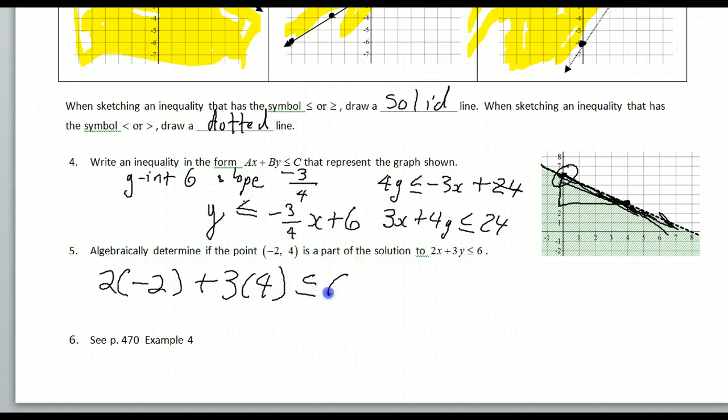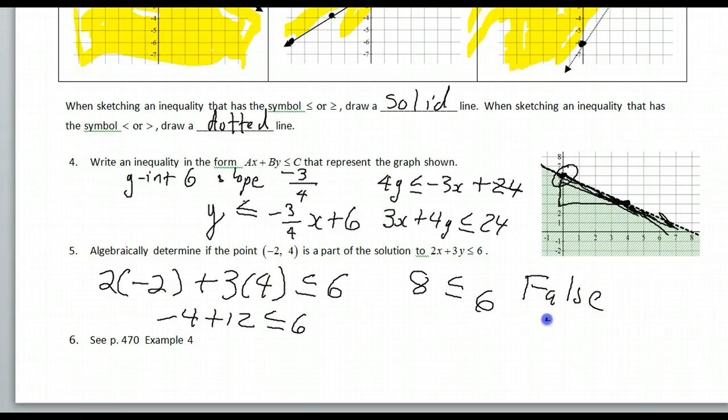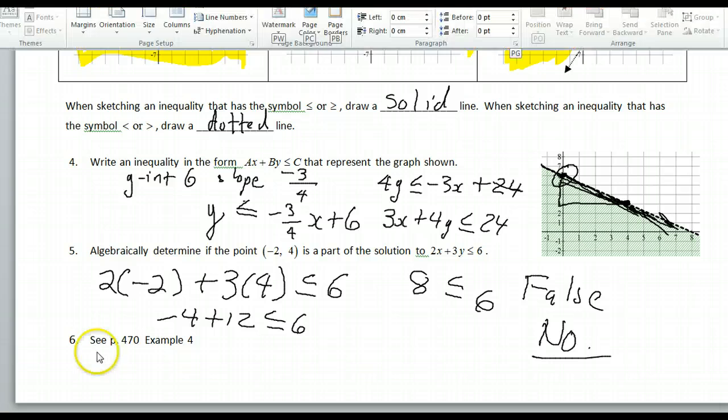And is that less than or equal to 6? We're either going to get a true statement, it will be true, or it will be false. Negative 4 plus 12 is less than or equal to 6. 8 is less than or equal to 6. That is false. And so the answer is no, it is not part of the region.